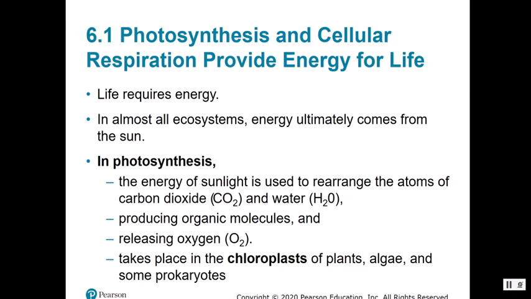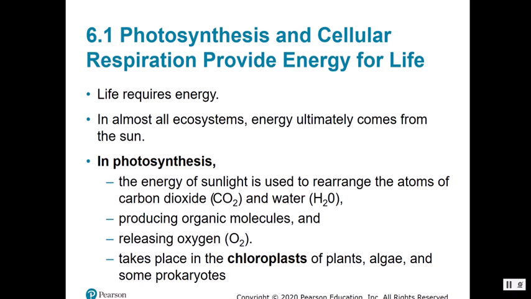Now in photosynthesis, the energy of the sun is used to rearrange atoms of carbon dioxide and water, and it's going to produce organic molecules, which is glucose, which is food for the plant, and it's going to release oxygen. So photosynthesis is going to take sunlight, carbon dioxide, and water, and turn it into organic molecules of glucose and oxygen.